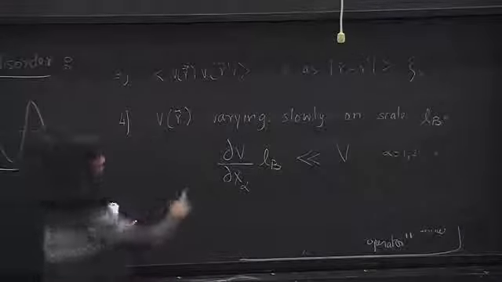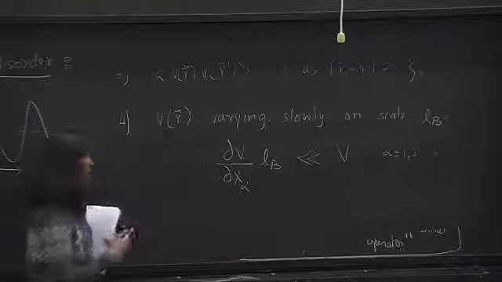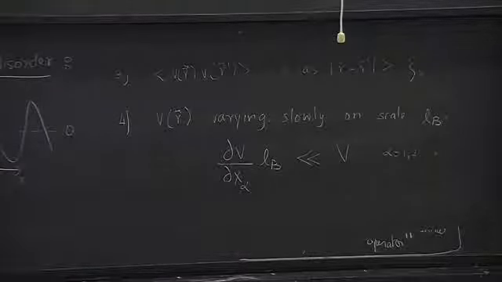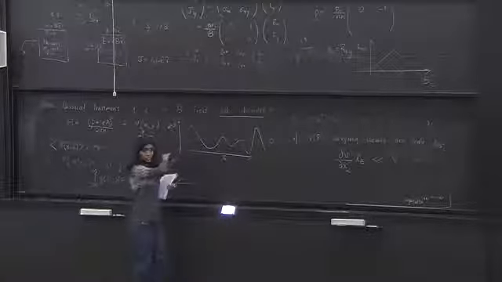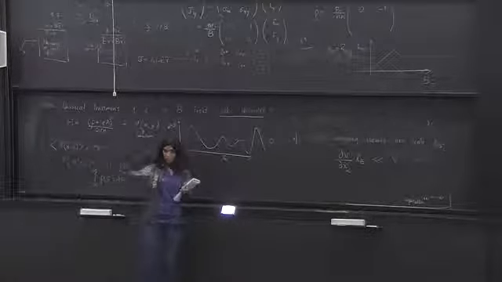So if I just ask what's the variation of this potential V on the scale of the magnetic length, I find that's very, very small. So on this plot, for example, the magnetic length is some tiny scale here. And on this scale, the potential basically looks very smooth and constant.